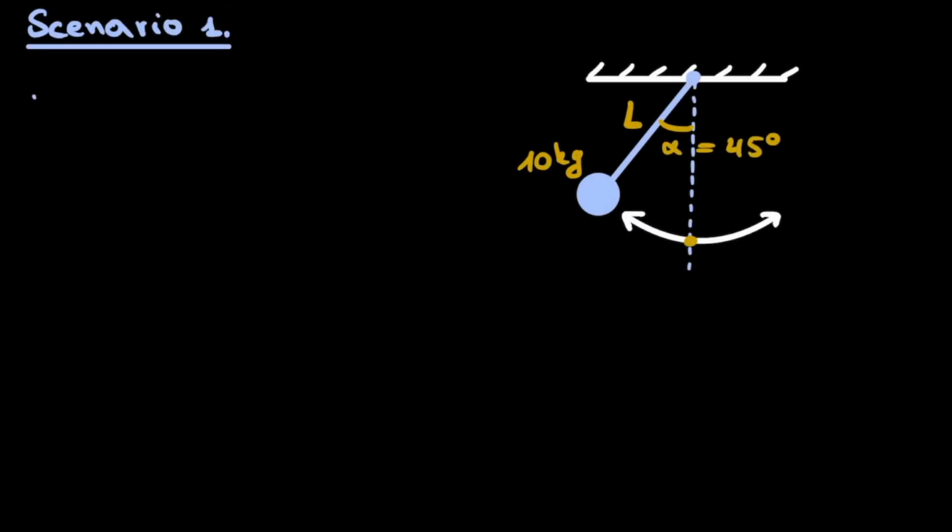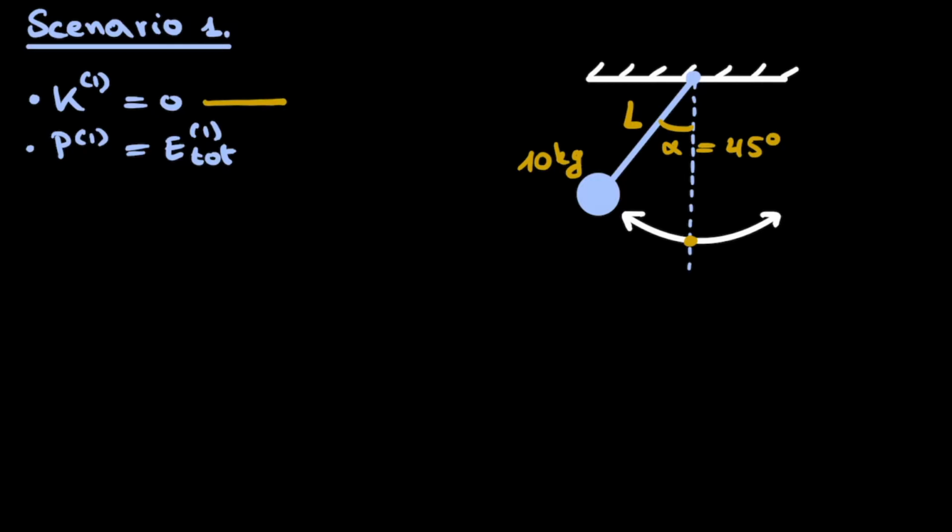Let's first look at scenario 1, where the kinetic energy, with a superscript 1 because we're looking at scenario 1, is equal to 0. Consequently, the potential energy with superscript 1 is equal to the total energy of the system in this scenario, which we will later use to compare with the total energy of the other scenario.